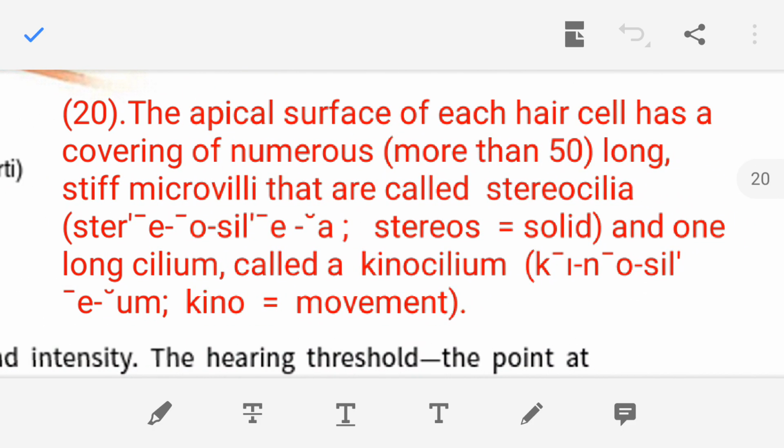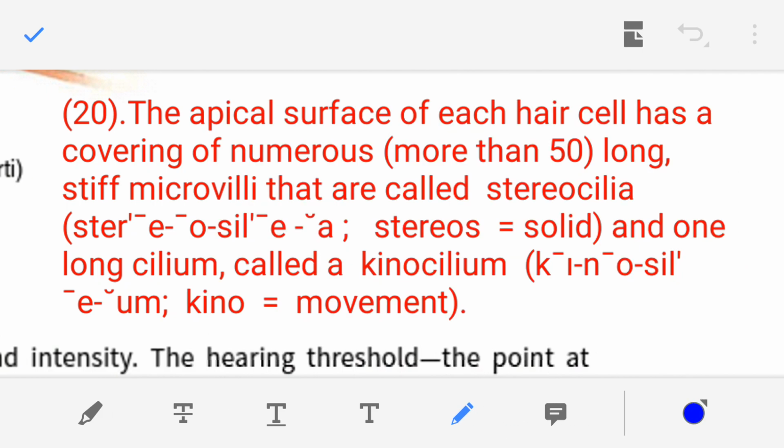Now one long cilium is also present together with these stereocilia, and this long cilium is known as kinocilium.